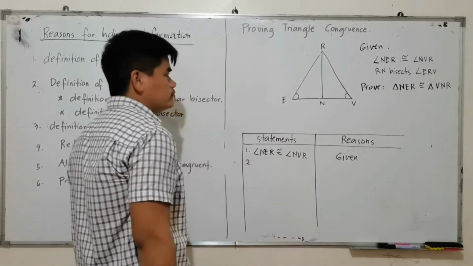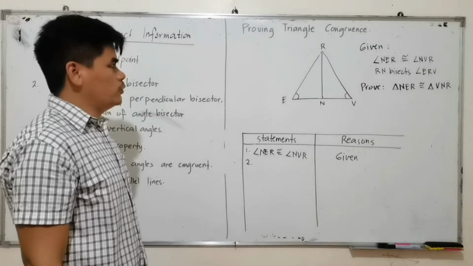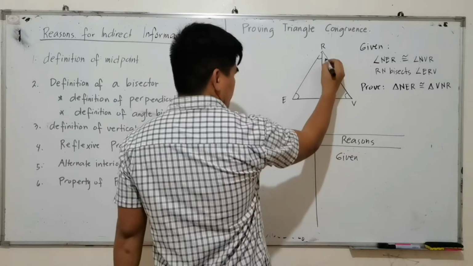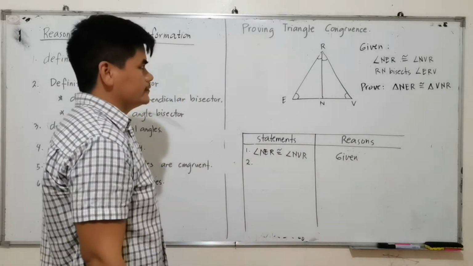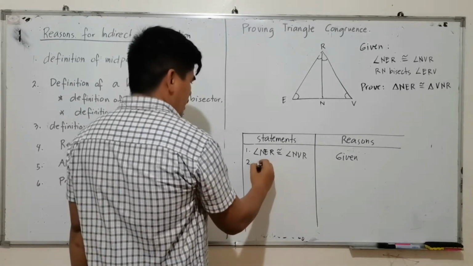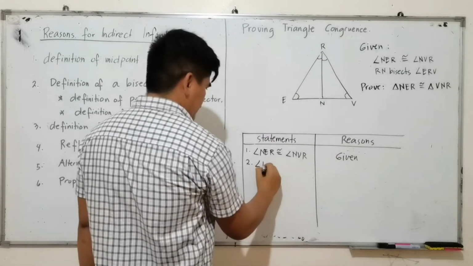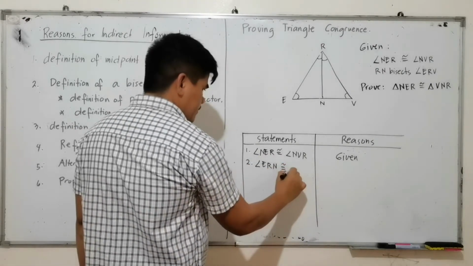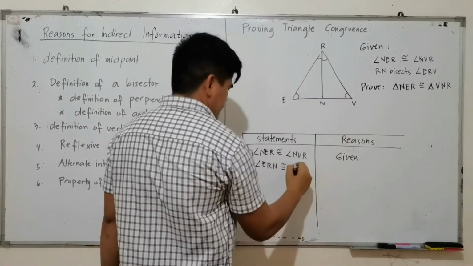Number two. What do you think is number two? Here, this angle. So we have angle ERN is congruent with angle VRN.